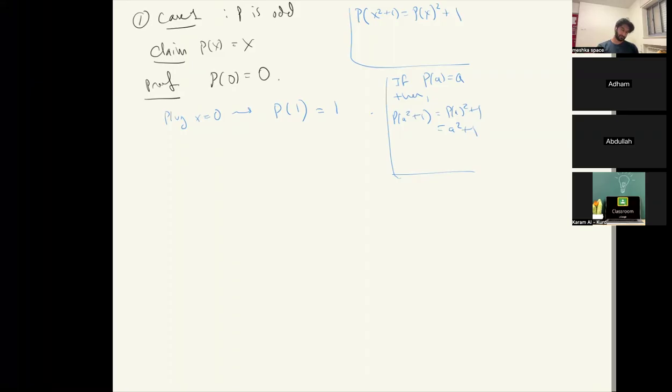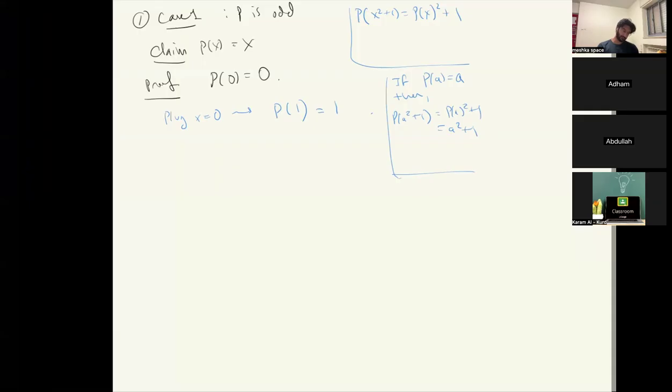So we have the sequence a sub 0 equals a, and a sub k plus 1 equals a sub k squared plus 1. All the terms of this infinite sequence will be roots of p of x minus x.